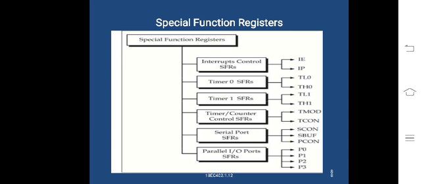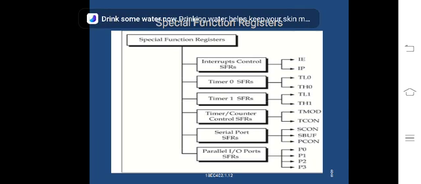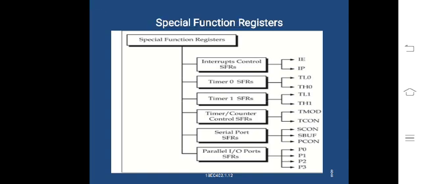And the serial port special function registers are SCON, SBUF, and PCON. SBUF is the serial buffer and SCON is serial control.